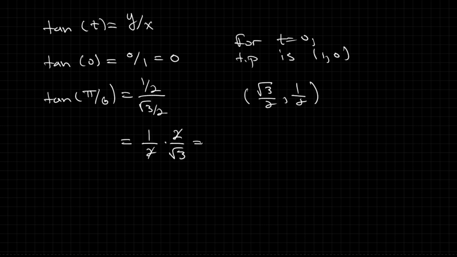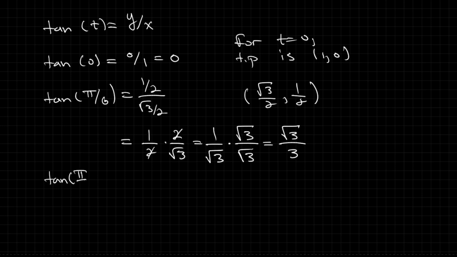The 2's cancel, and you get 1 over root 3. And you can rationalize the denominator by multiplying the numerator and the denominator by root 3, and you get root 3 over 3. So the important thing to note here is that tangent of pi over 6 is root 3 over 3, and that just comes from knowing that root 3 over 2, 1/2 is the terminal point for pi over 6, and of course the definition of tangent of t.